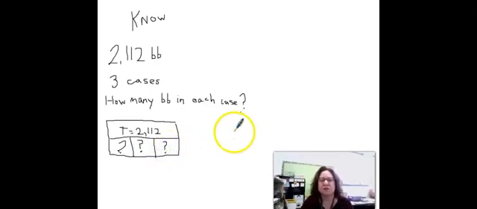All right, so what's the plan? What is your plan? How can you solve this one? What do we normally do if they're asking us to divide them into equal parts? Whoops, I gave you the answer. Right, we're dividing if we're separating into equal groups or equal parts.